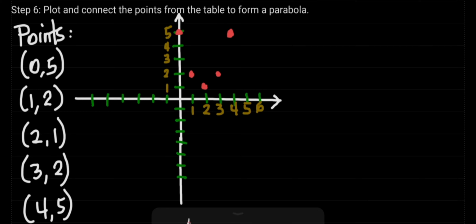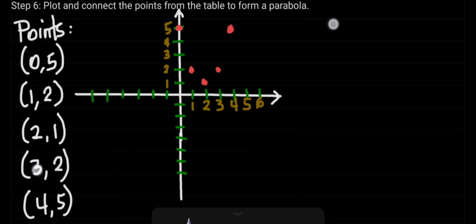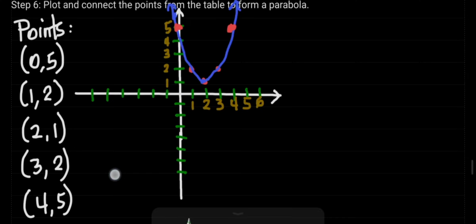Then we will connect the points. So this is the parabola. It is going up. The parabola is going up because a is positive.